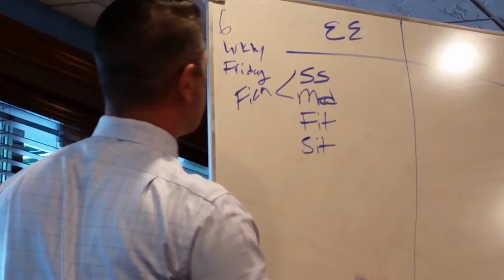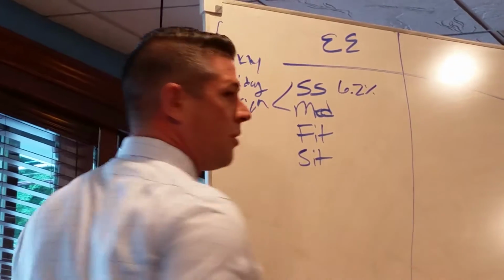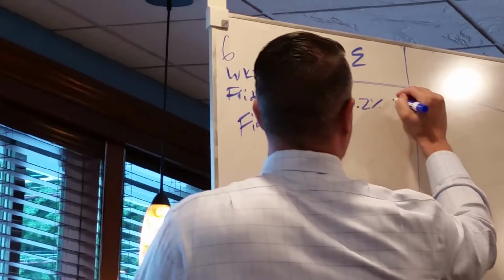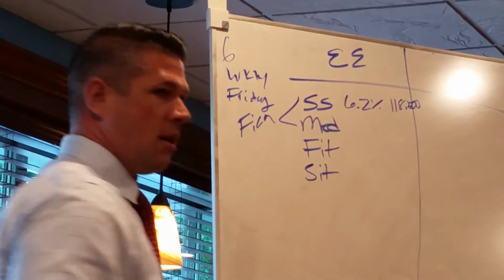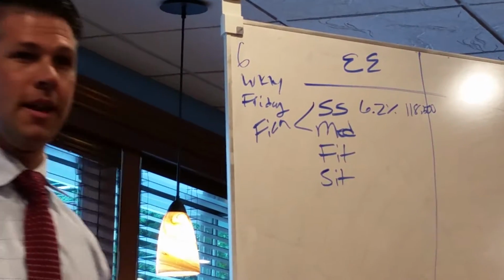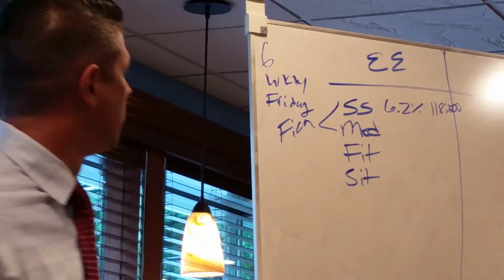All right? Your Social Security is at 6.2%, up to the first $118,500. So what that means is, if you make $118,500 a year, you've got to pay 6.2% on that, right? Anything above that is tax-free.